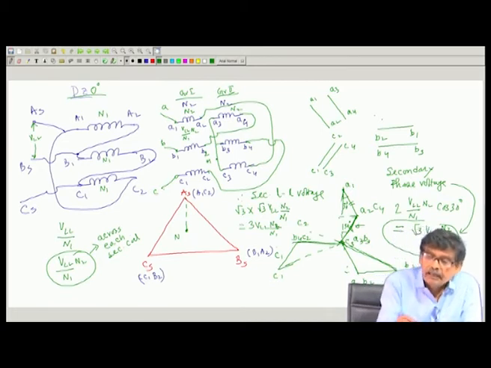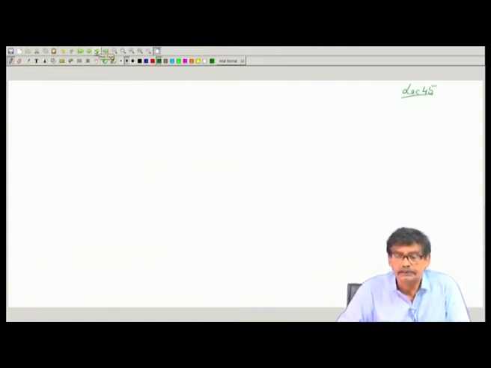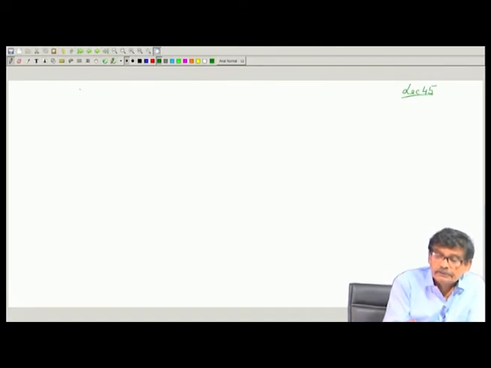Now, another interesting thing with transformers is that using transformers it will be possible to convert a given polyphase system to another polyphase system, that is called phase conversion.